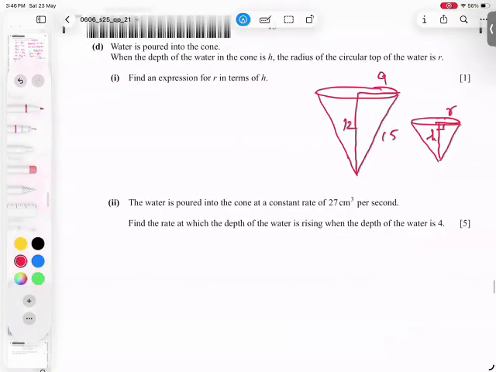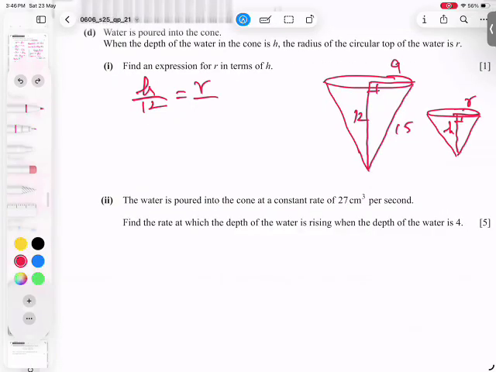So we use similarity, students. How do you use similarity? Height of the small over height of the large equals radius of the small over radius of the large. And 12 multiplies there. So 4 over 3 r.